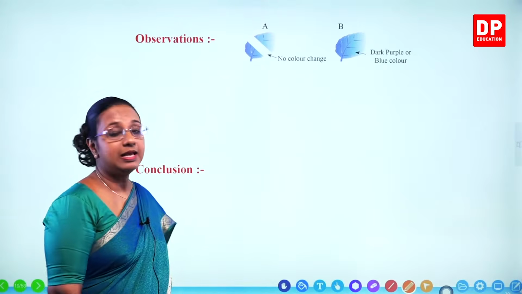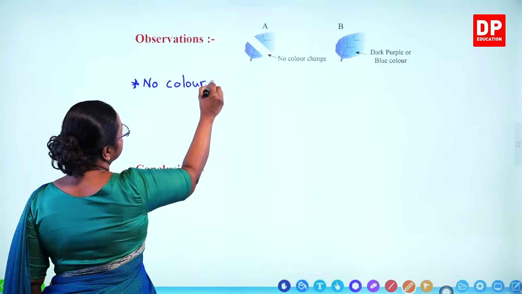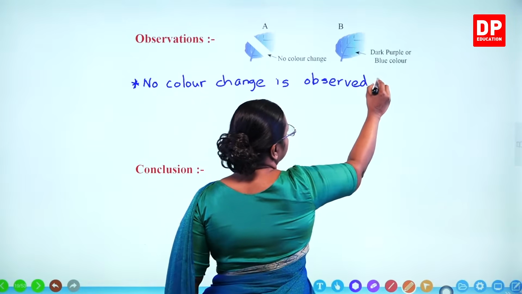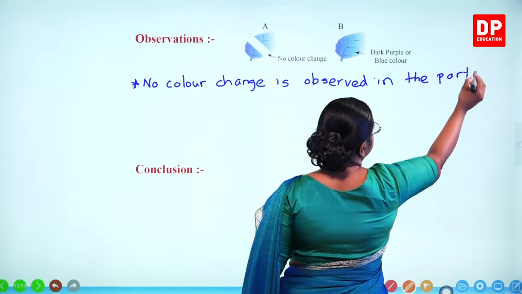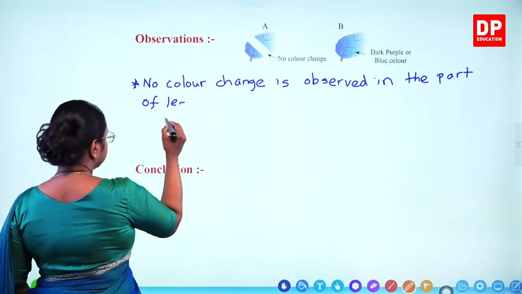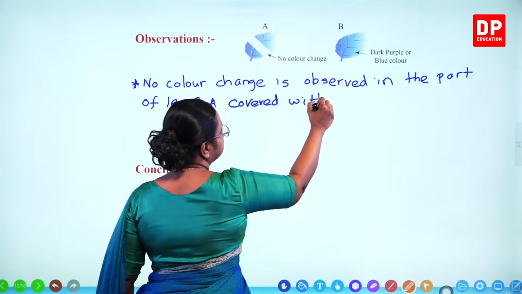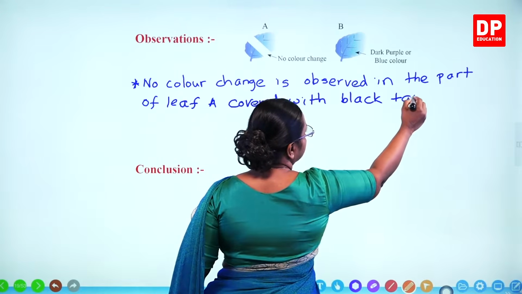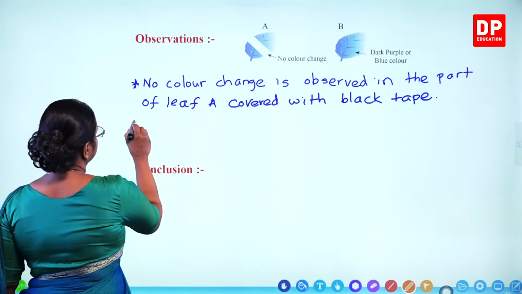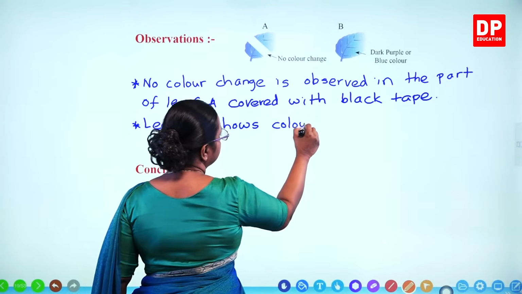So, the observation will be like this. If I write down the observation: no color change is observed in the part of leaf A covered with black tape, but the other leaf, leaf B, shows color change.